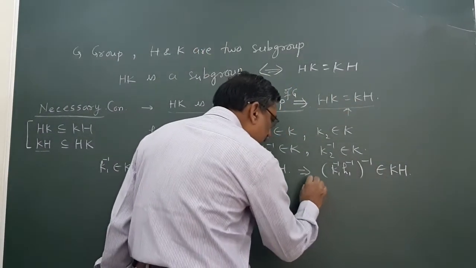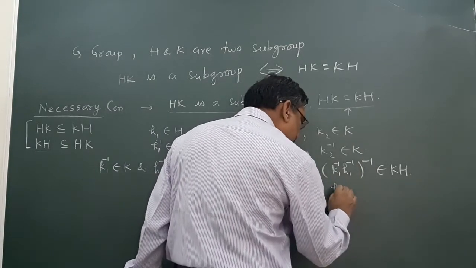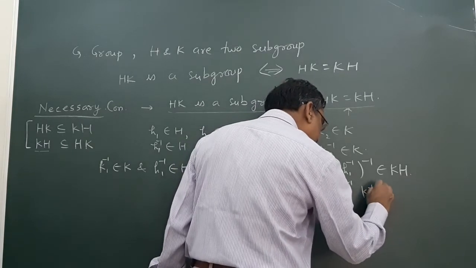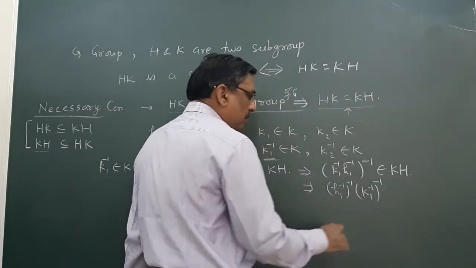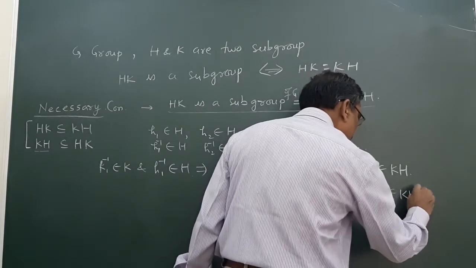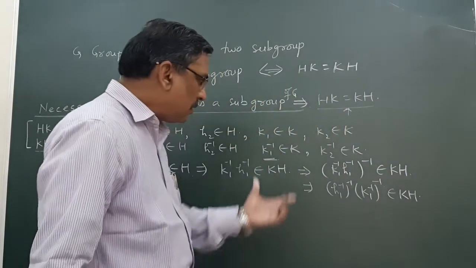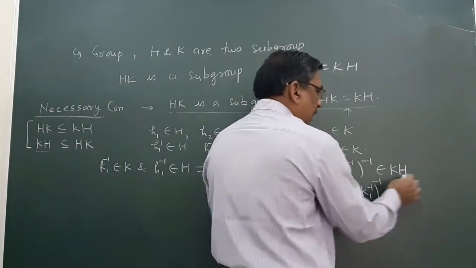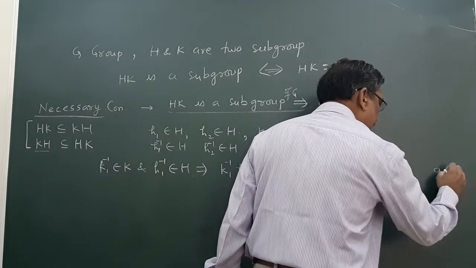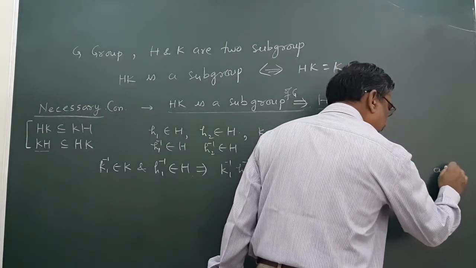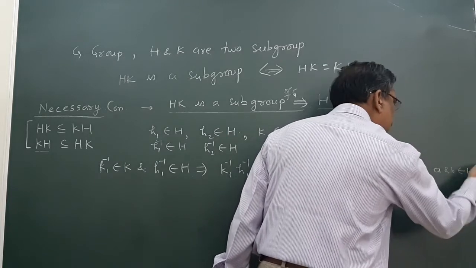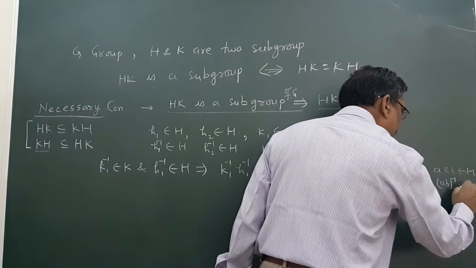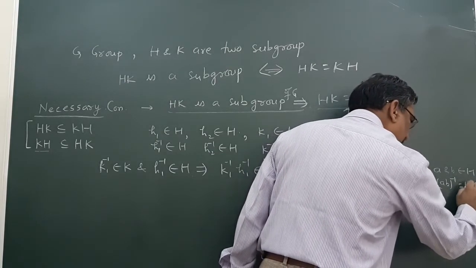This implies the inverse of this, H1 inverse and K1 inverse, belongs to KH. It means these two elements: if A belongs to H and B belongs to H, a subgroup, then the inverse of AB will give us B inverse A inverse.